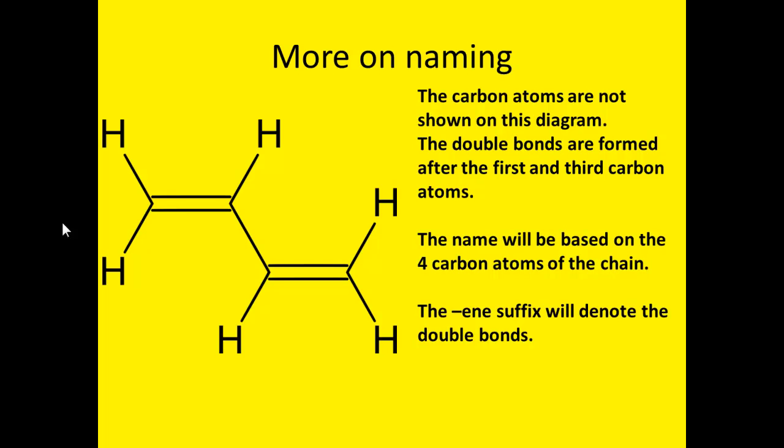One double bond starts on the first carbon, and one starts on the third carbon, so it's going to be 1,3-butadiene. The buta part shows that it's based on the butane, butene, butyne idea, the diene shows that there are 2 double bonds, and the 1,3 part shows the position of those double bonds.